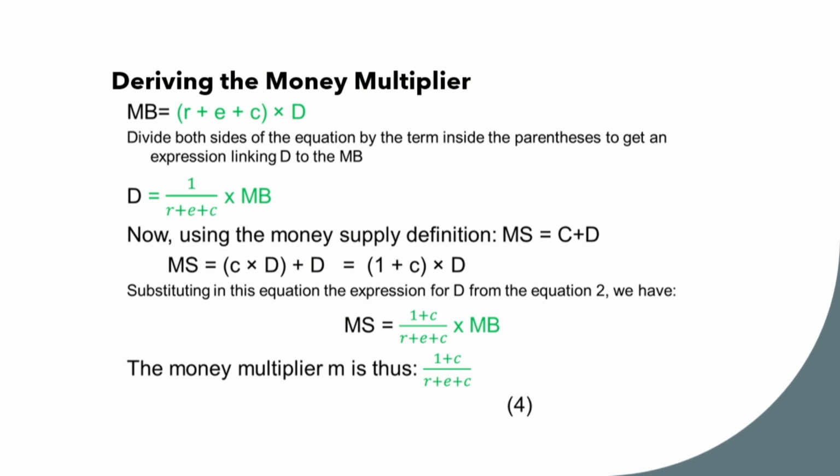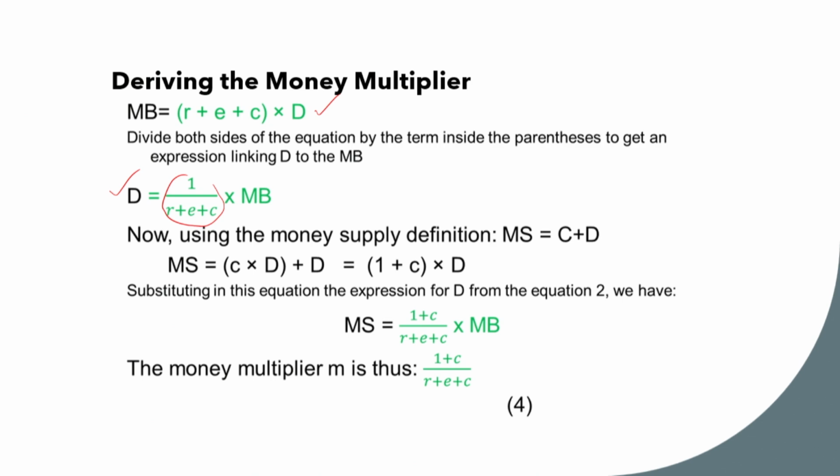Then, with the monetary base rewritten like this, dividing both sides of the equation by the term, we get D as the inverse of this, that is, D equals the inverse of (RR plus ER plus C) times the monetary base.